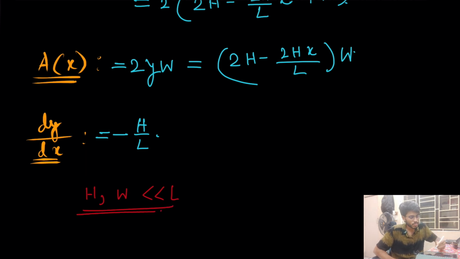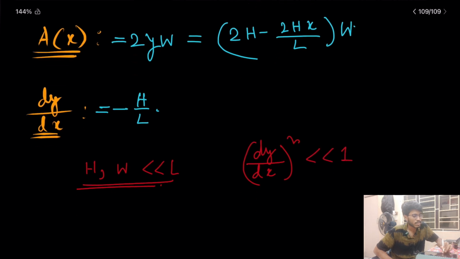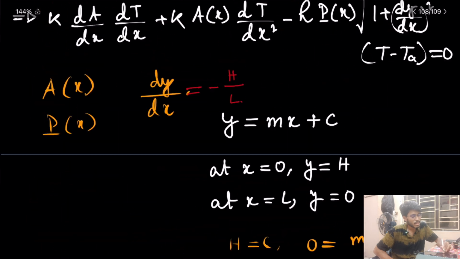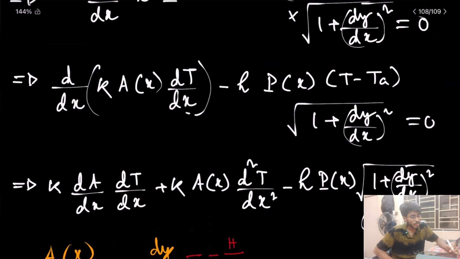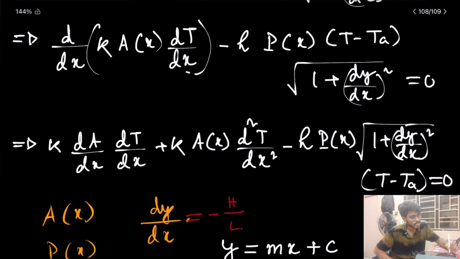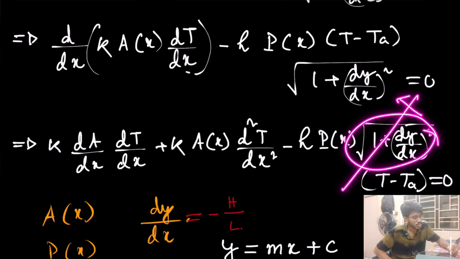So if that is so, can I write that my (dy/dx) whole square is much less than 1, and in that case can I write that this thing is almost equal to 1, and if I can write this, then now I can modify my governing equation by saying that this is almost equal to 1.